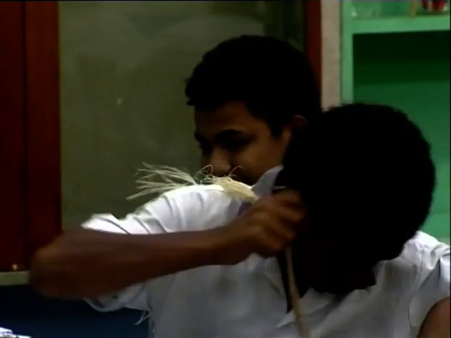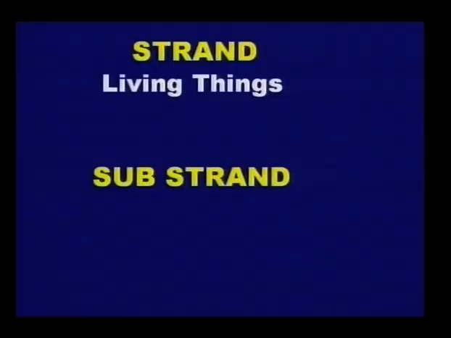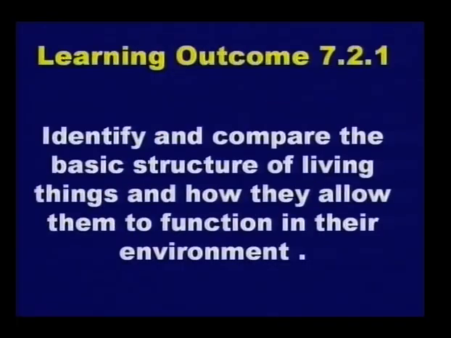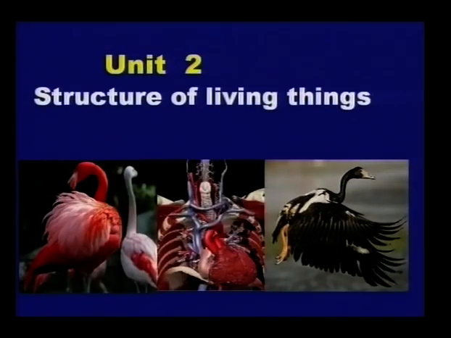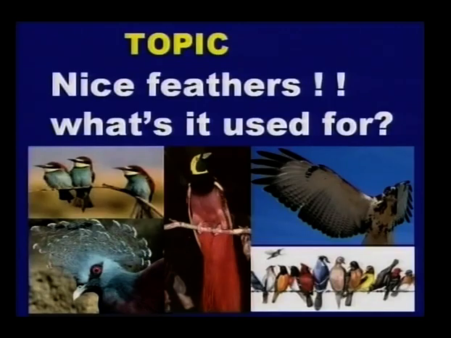Good. Receiving teachers, we are still on the same strand, that's living things, and the same learning outcome, identifying and comparing the basic structure of living things. Our unit is still on the structure of living things, and our topic for today is on nice feathers.